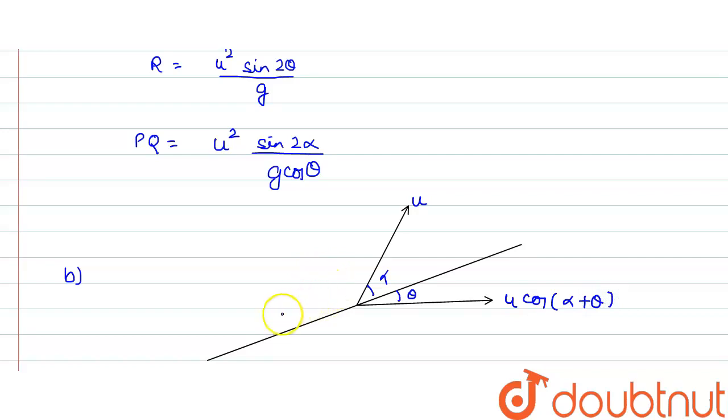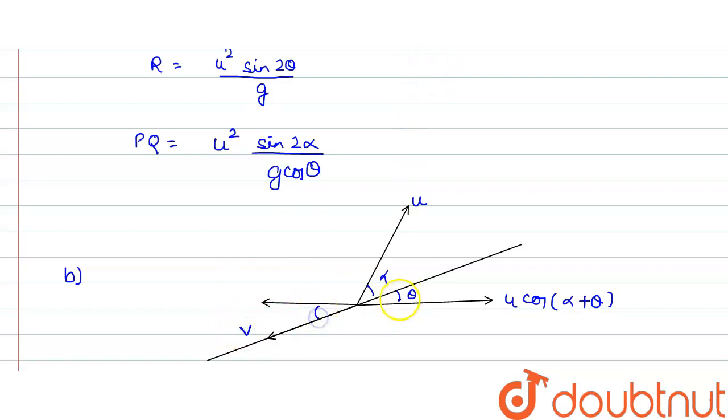Now the box is sliding in this way; this is the direction of the box velocity. If we also take the component in this direction, horizontal to the plane, this is our v, the velocity of the box.